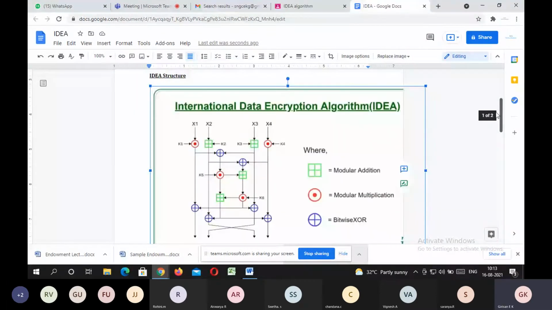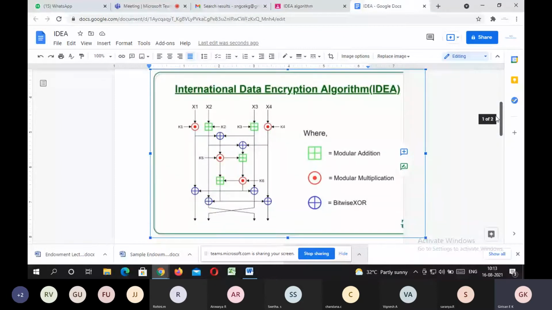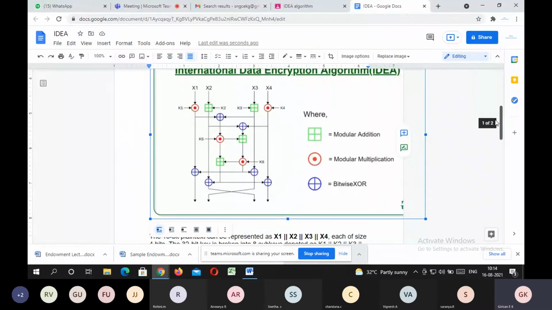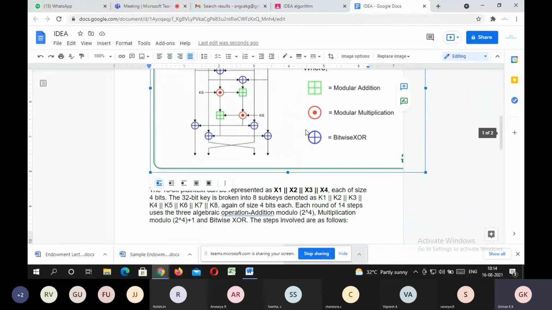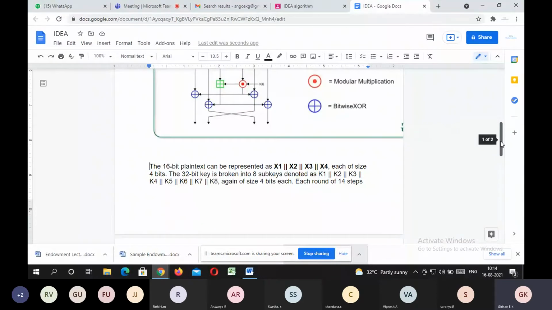So the plain text is divided into 4 blocks, say X1, X2, X3, X4. Then we have the key, named K1, K2, K3, and so on. The 16-bit plain text is represented as X1, X2, X3, X4, of 4 bits each.